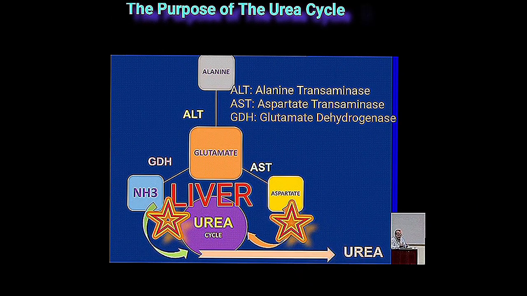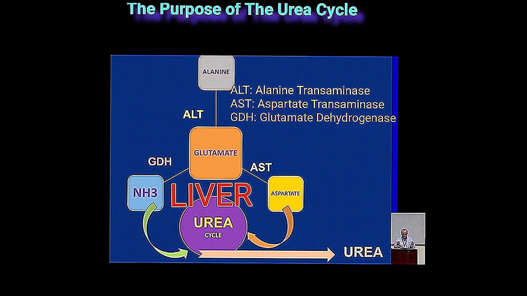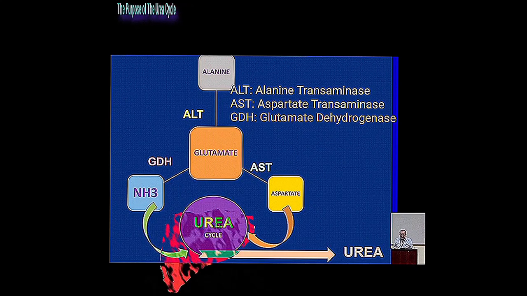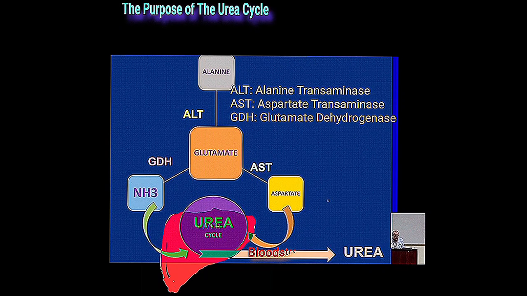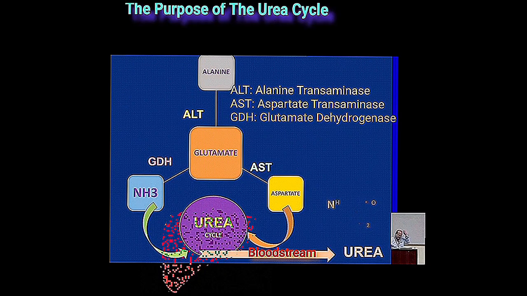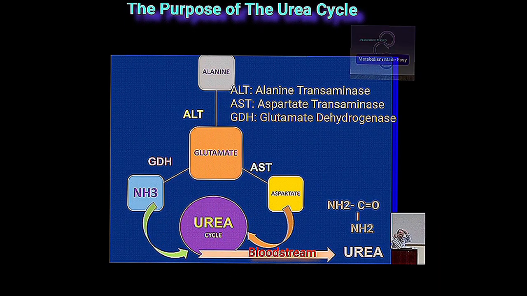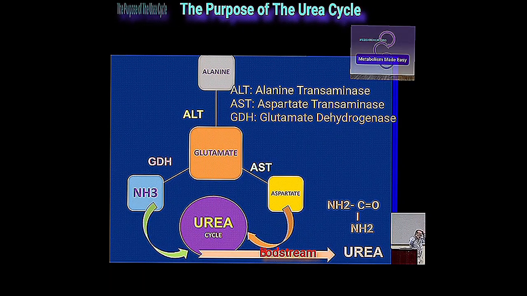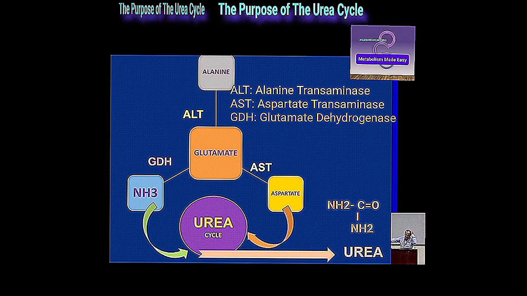It'll incorporate two nitrogens in a molecule called urea. Urea is non-toxic. You may think otherwise, but urea is non-toxic. It can be transported in the bloodstream and excreted by the kidneys. Okay, that's the first important thing to think about. The purpose of the urea cycle, therefore, is to dispose of nitrogen in a non-toxic way.